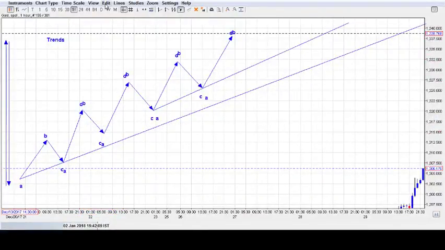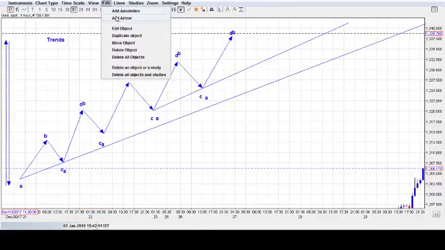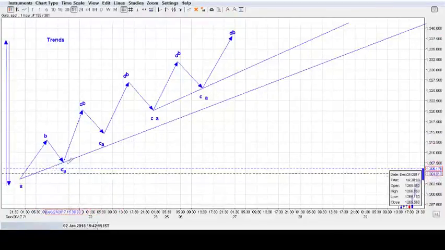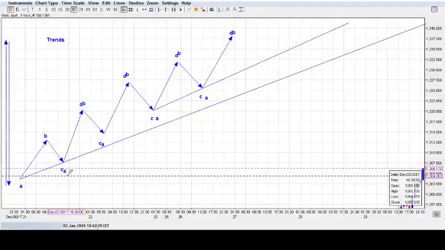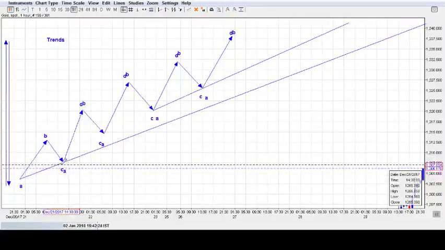Two rules that you should remember here: your C point, which is very similar to the Elliott wave principle when you talk about wave 2.